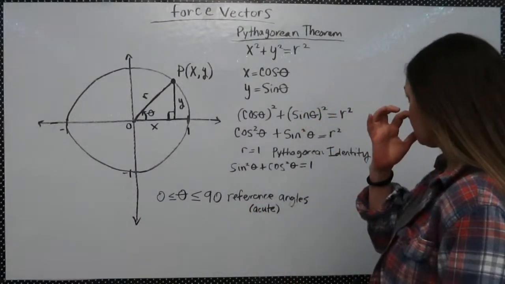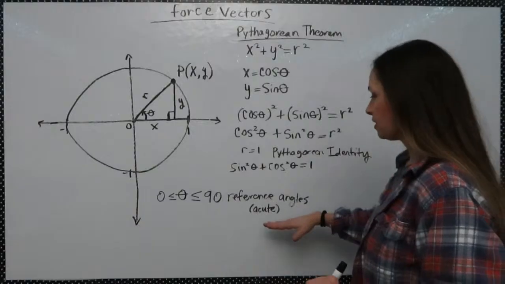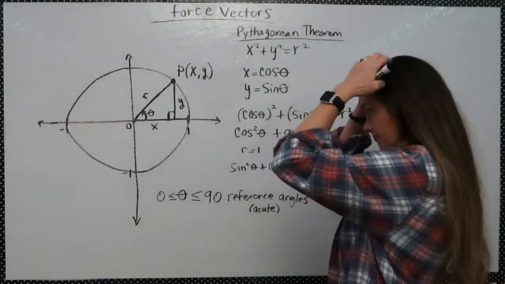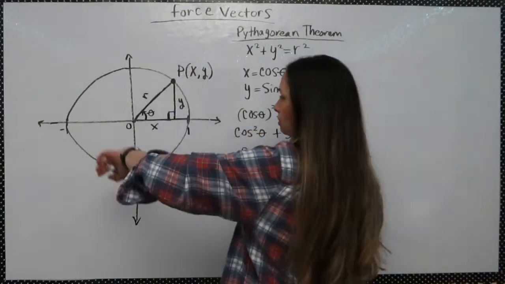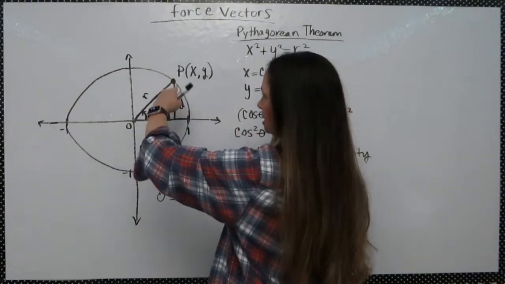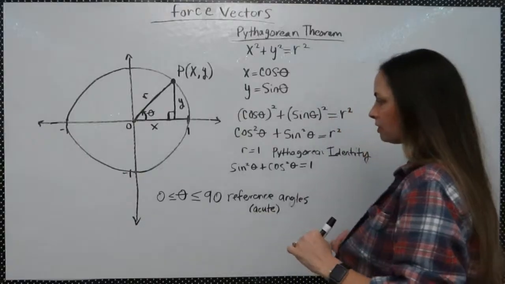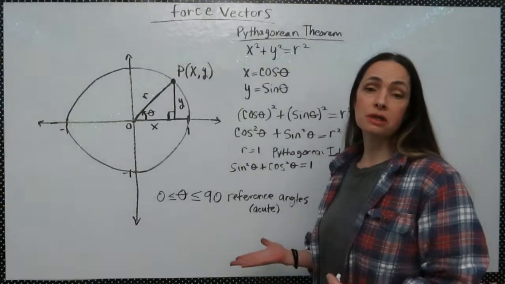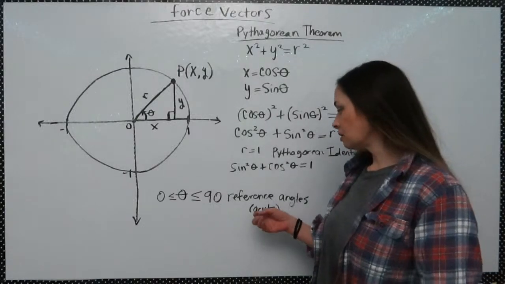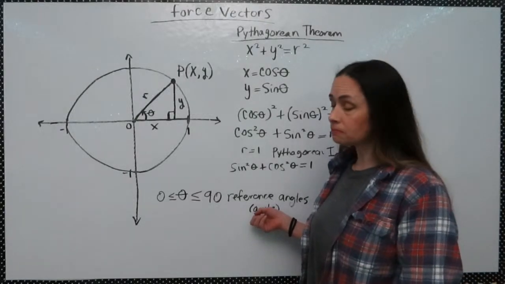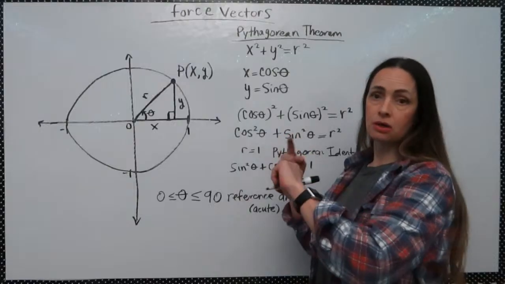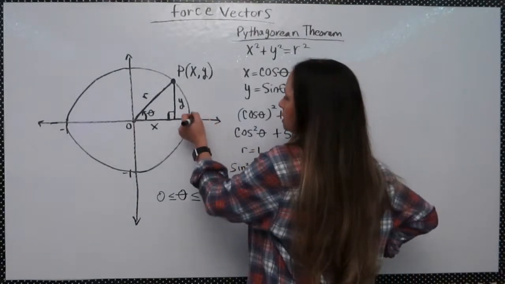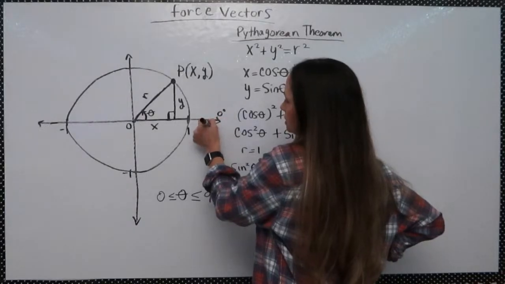And then you would just figure out the actual, like if theta was wherever it was, it could be multiple revolutions around, and then it's stuck here in the first quadrant. And what you would do is, the game essentially of finding the angle is just finding the acute angle, the reference angle, and then just adding on or subtracting 360, because this is 0 here and then this is 360 here.